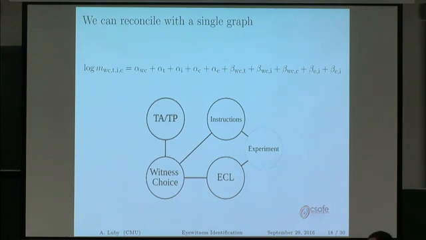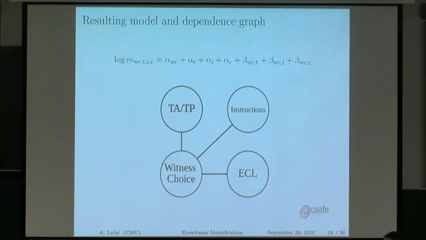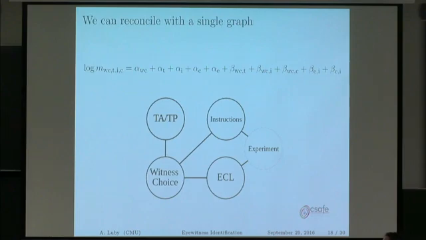The experiment would be whether we had the thief lineup or the waiter lineup. If you did a larger experiment with many different lineups, then we could have experiment 1, experiment 2, experiment 3. That's going to blow up the terms in the model, but at least it's there.